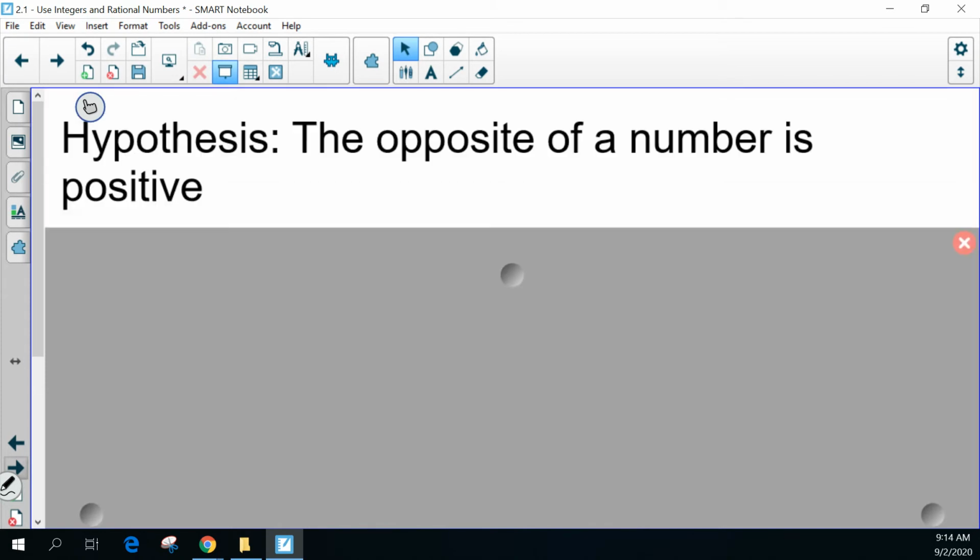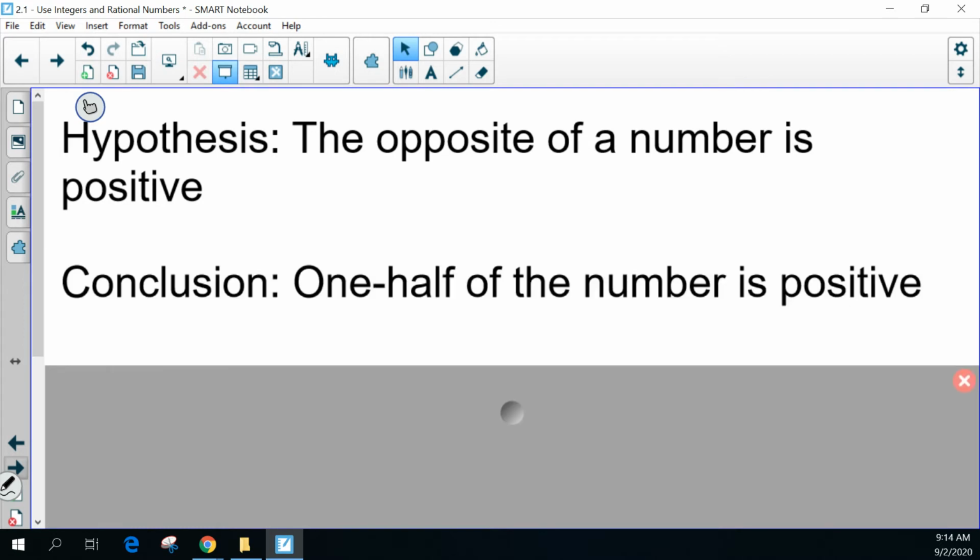All right. So if the opposite of a number is positive, 1/2 of the number would be positive. If the opposite of a number is positive, 1/2 of the number is positive. So this one has a little tricky wording.